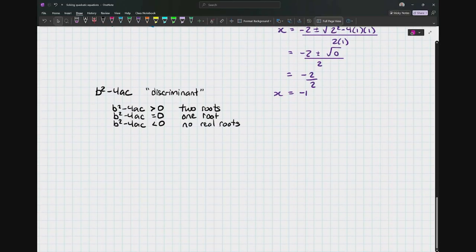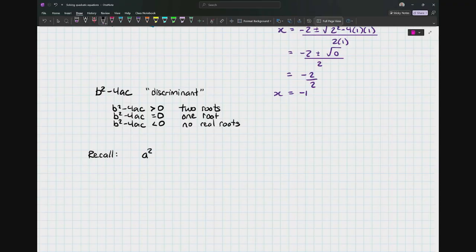Finally, I'll just recap one other major factoring technique that we use with specifically quadratics in a particular form. A very quick factoring formula is applied whenever we have a difference of squares, a squared minus b squared. So that would be when we have an a plus b and its conjugate a minus b put together.